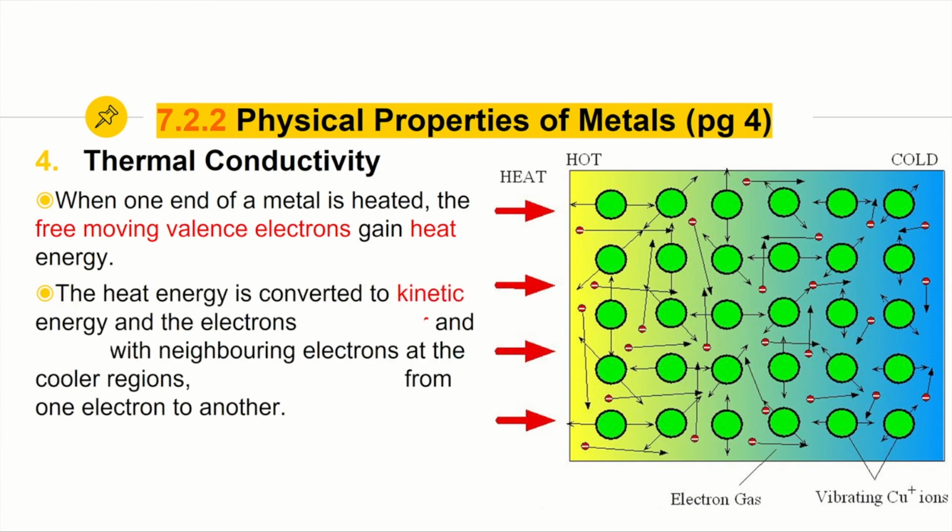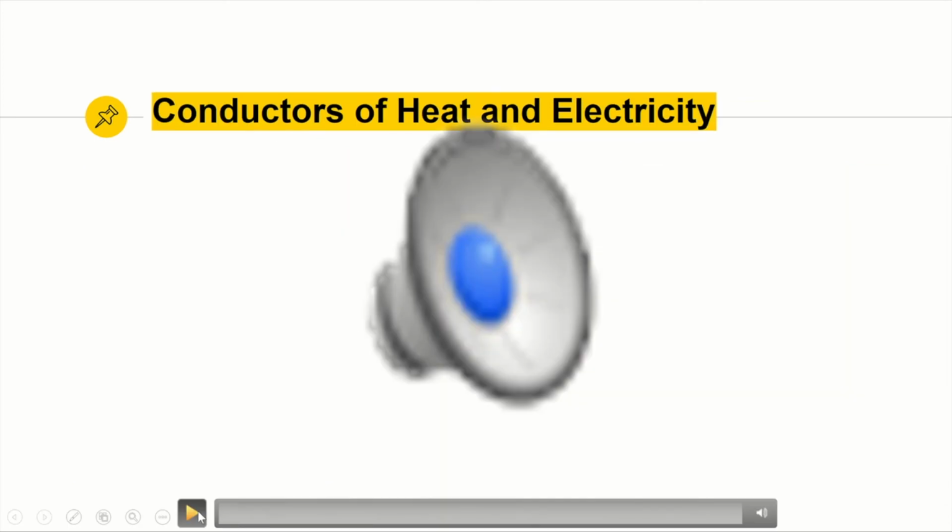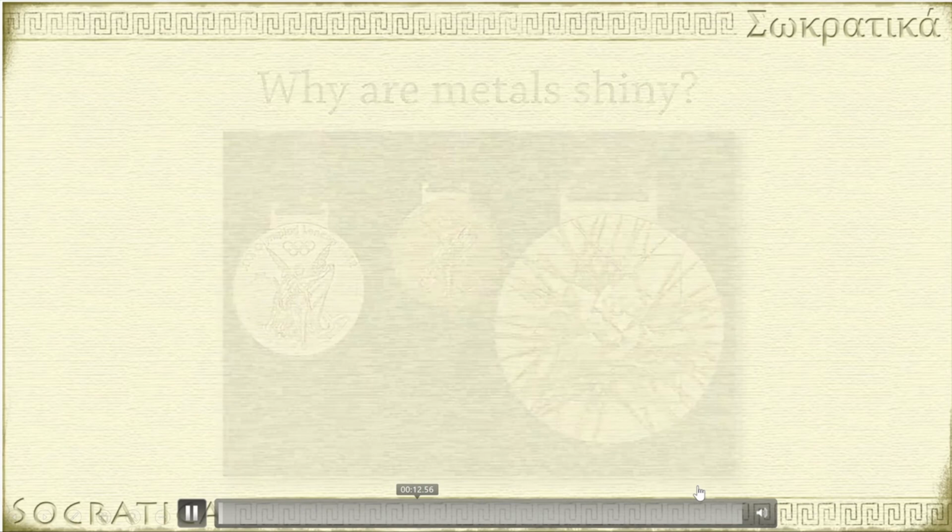They are able to travel and collide with the neighboring electrons and the cations faster than others. They can move from one end to another very quickly, collide, and cause them to also vibrate. So this transfer of energy happens very quickly in metal. Let's take a look at this video on why metals can conduct heat and electricity.